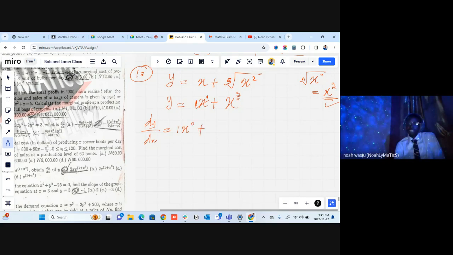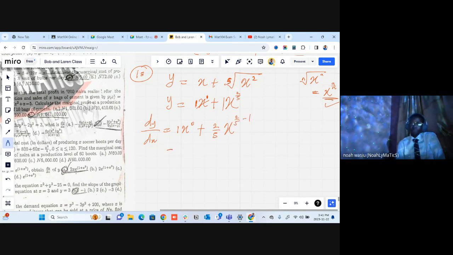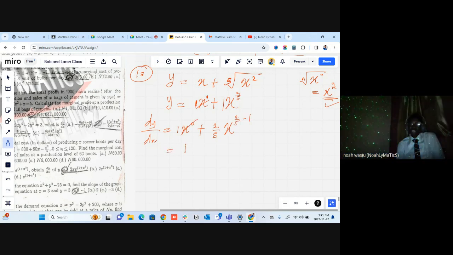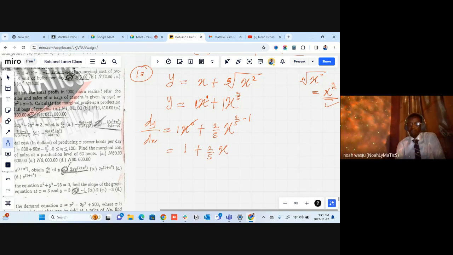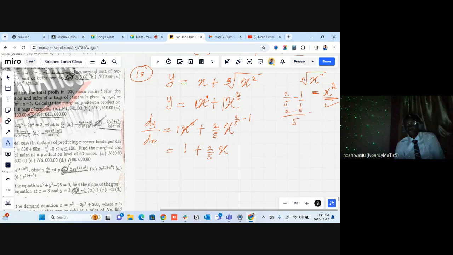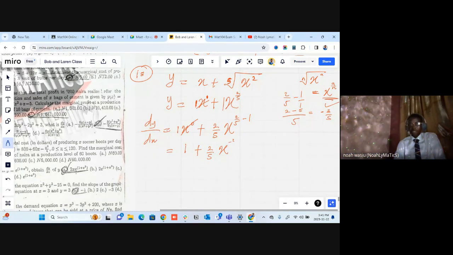Let's differentiate this one. 2 over 5 times 1, 2 over 5, and I have x to the power of 2 over 5, but I must subtract 1. So I have 1 plus 2 over 5 times x to the power of 2 over 5 minus 1. What was 2 over 5 minus 1? LCM 5, 2 minus 5, that is minus 3 over 5.